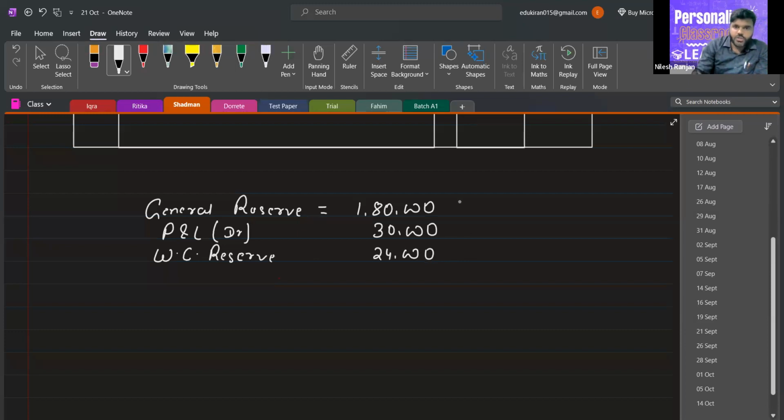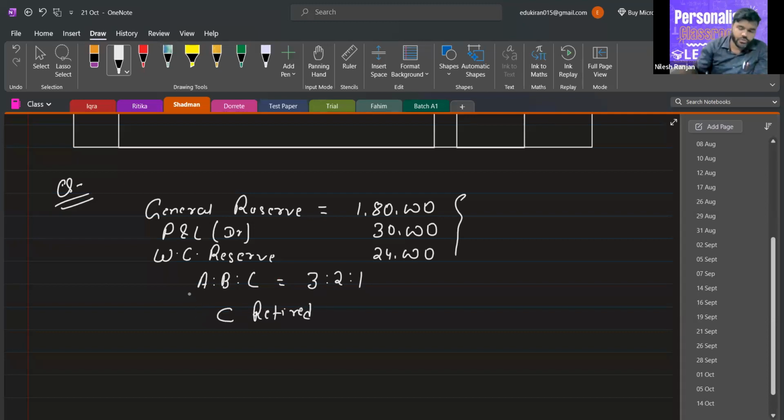Okay, done. So, sir, there is no information about keeping the profit and loss or distributing. A, B, and C, their profit sharing ratio is 3:2:1. C retired. That's it. You have this information. Now, please pass the journal entry for this question.